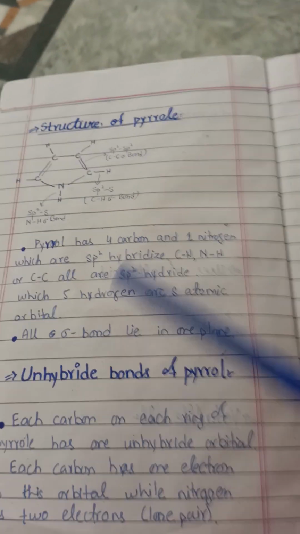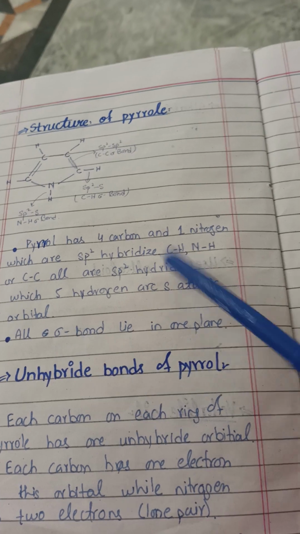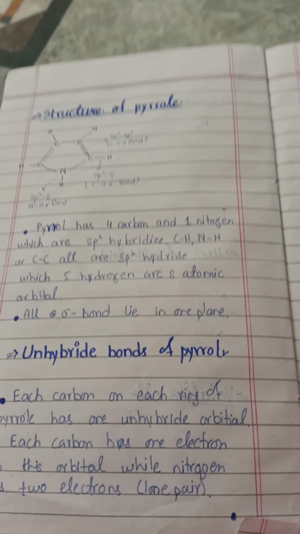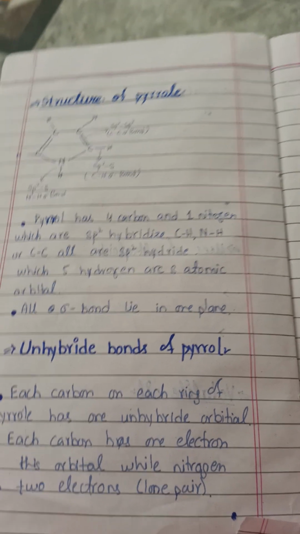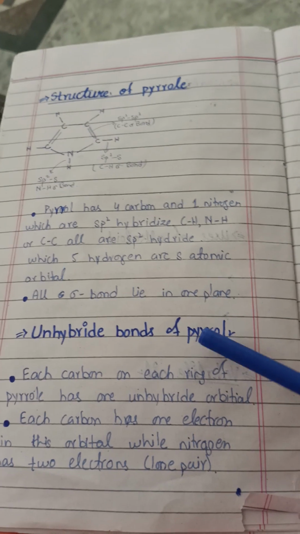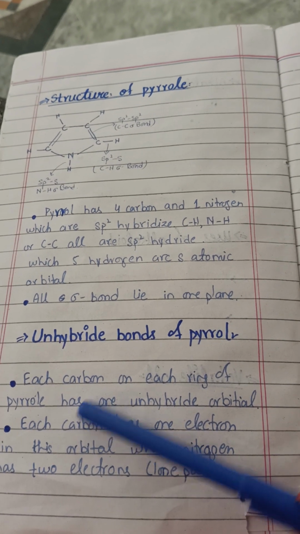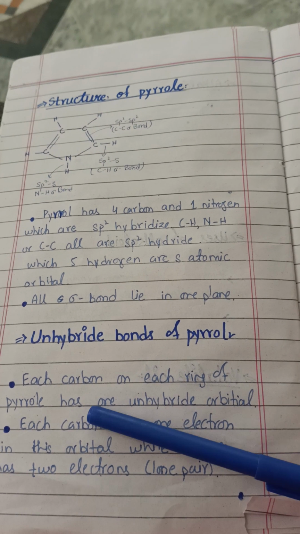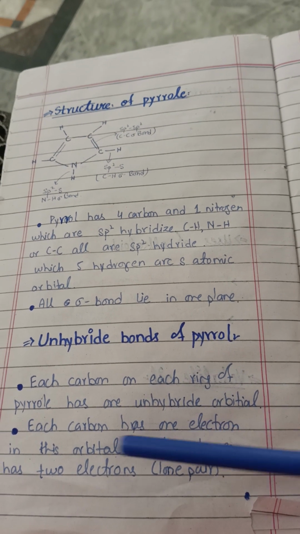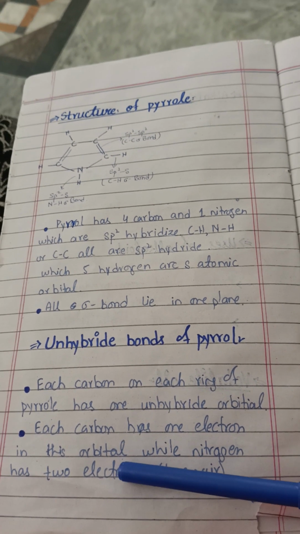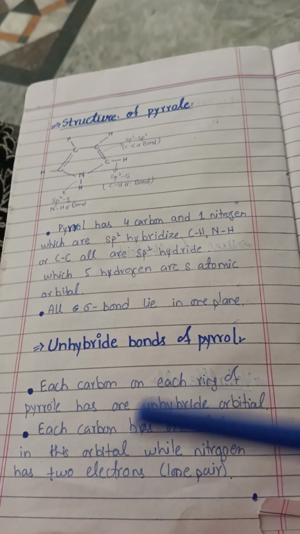Now we have discussed the sigma bond distribution and the total sigma bonds in it. Now we move on to the unhybridized orbitals present in pyrrole. Each carbon on the ring of pyrrole has one unhybridized orbital with one electron, while the nitrogen has two electrons.